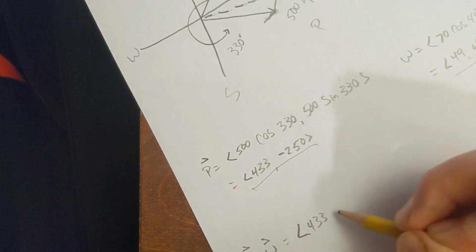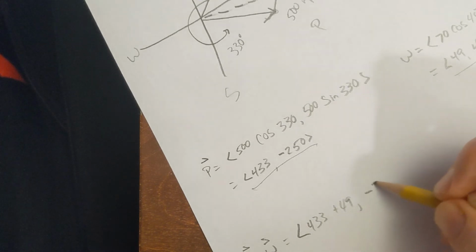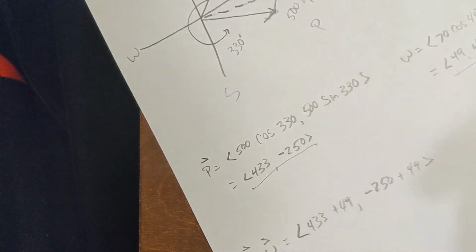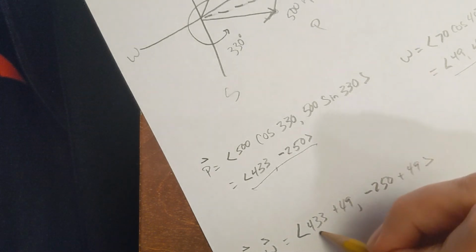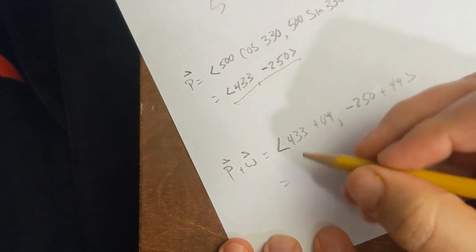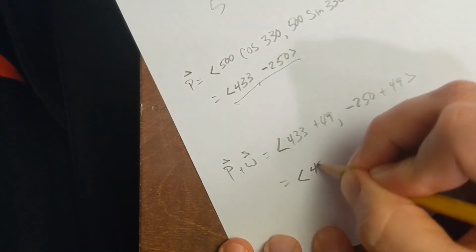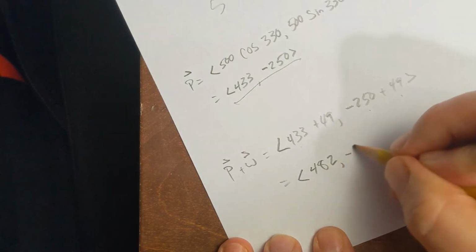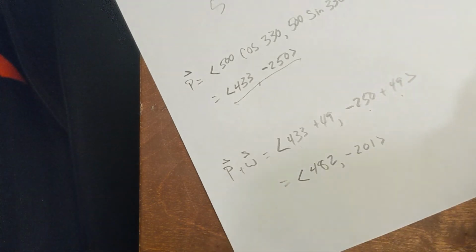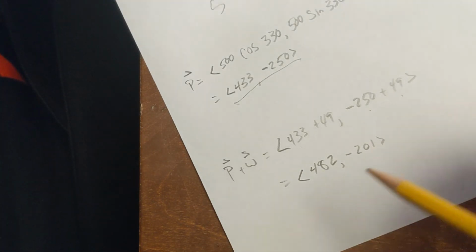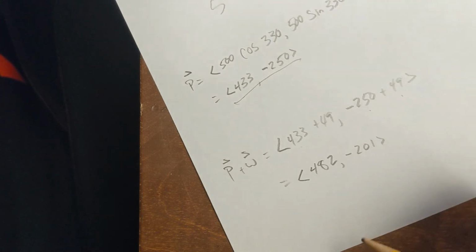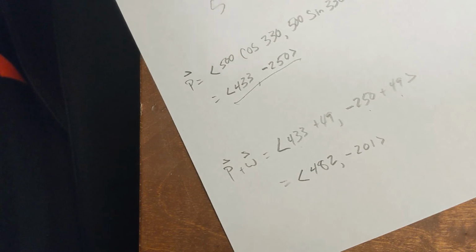So 433 plus 49 and negative 250 plus 49. 433 plus 49 gives me 482, and negative 250 plus 49 is negative 201. So that tells me the true terminal point of my plane is going to be at the location 482, negative 201 as being pushed upon.